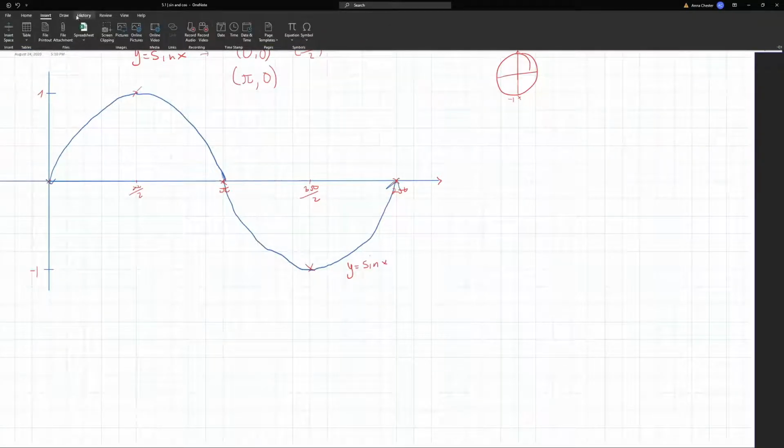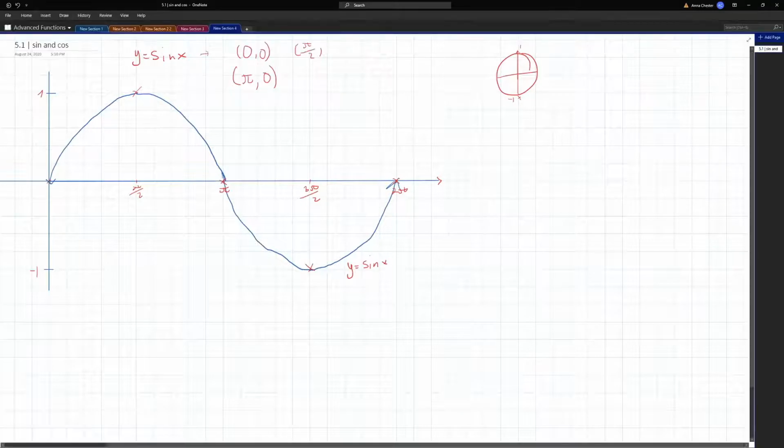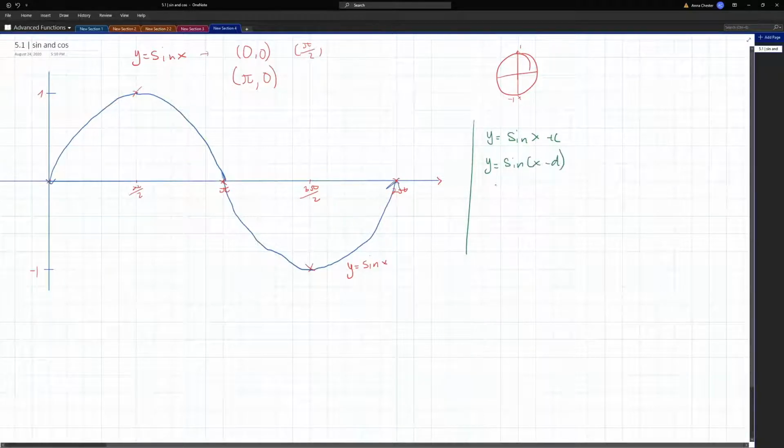Now let's think about the transformations that we learned. The transformations we had were something like, for example, y equals sine of x plus c, y equals sine of x minus d, y equals a sine of x, and y equals sine of kx. So these two are really simple.